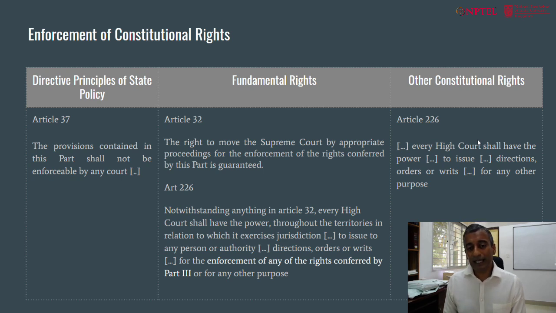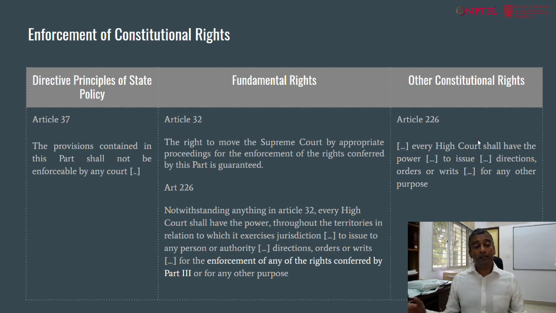Fundamental rights, on the other hand, are fiercely guarded by the court, in particular the Supreme Court under Article 32, as well as the various high courts, every high court under Article 226. So these provisions are fiercely defended by the courts, and by this we mean, for the fundamental rights, the constitutional courts, the high courts, and the Supreme Court.